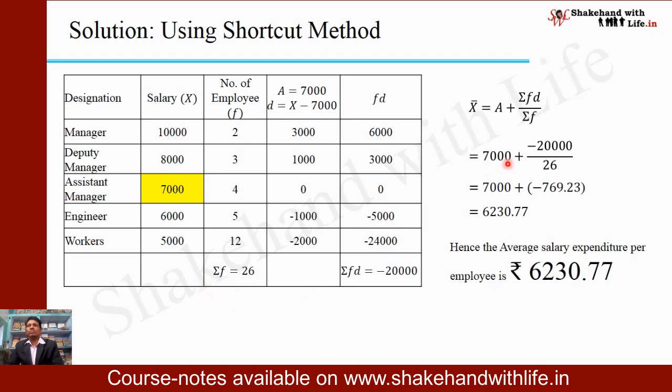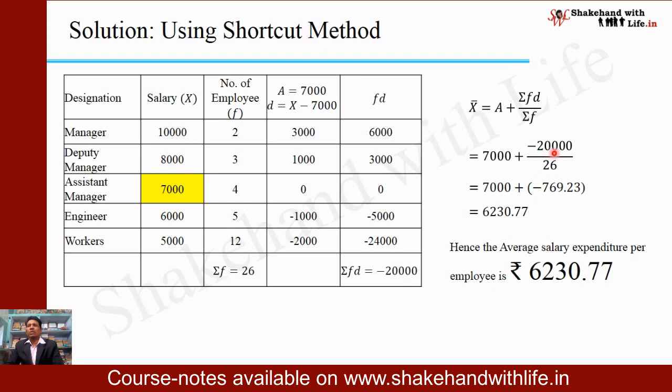Now the formula is X bar equal to A plus sigma FD divided by sigma F. Now A is 7,000 and sigma FD is minus 20,000, then sigma F is 26. Then find the value.